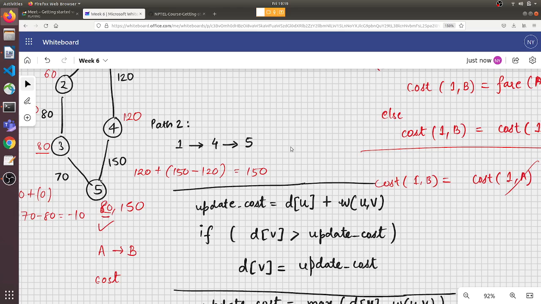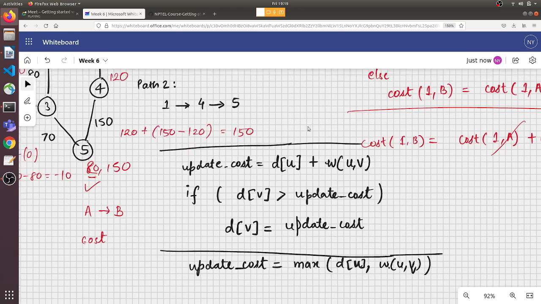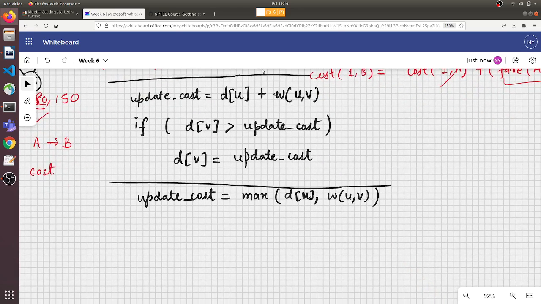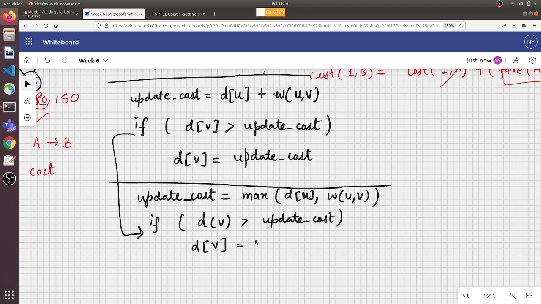Sorry about the whiteboard. And this is same. Is this clear?